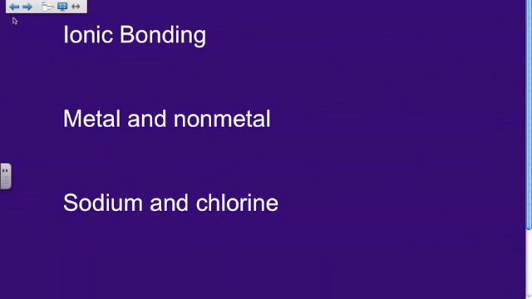Now, looking at an ionic bond, we know that ionic bonds tend to happen between metals and nonmetals. So ionic bonds are always the type of bond where there is electron transfer.